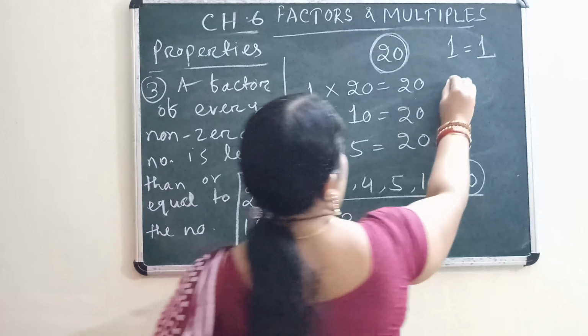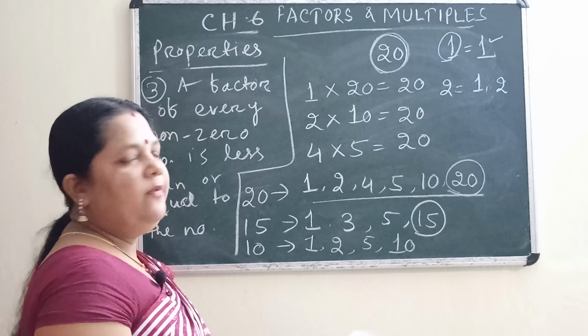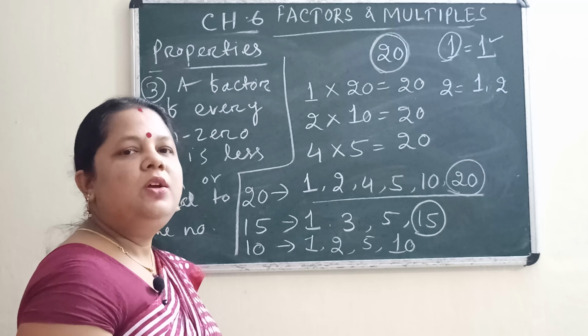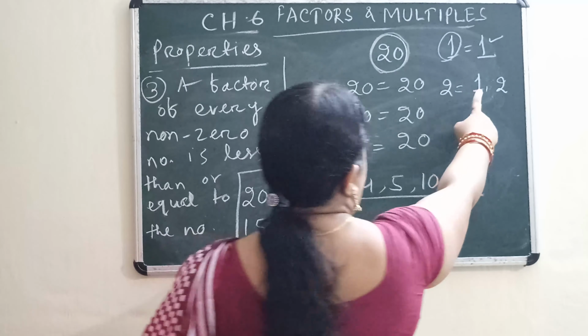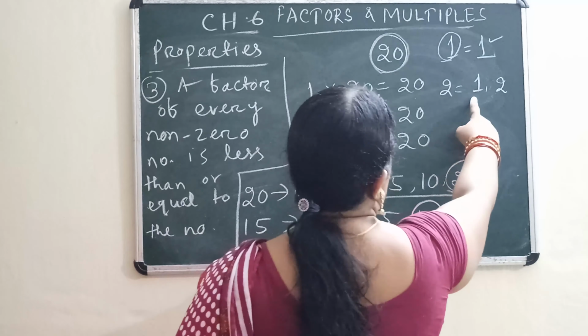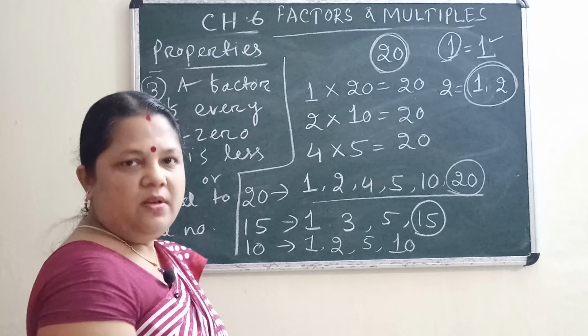Then every non-zero number other than 1 has at least 2 factors. 2 factors means 1 and the number itself are compulsory, that is the minimum. After that there may be many more factors, but leaving 1, each number has a minimum of 2 factors.